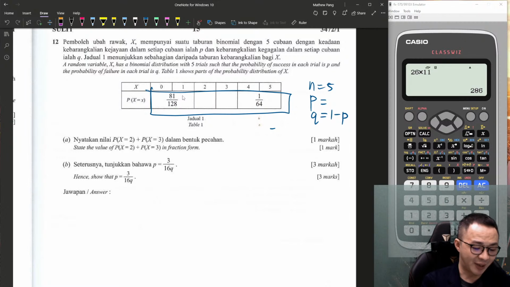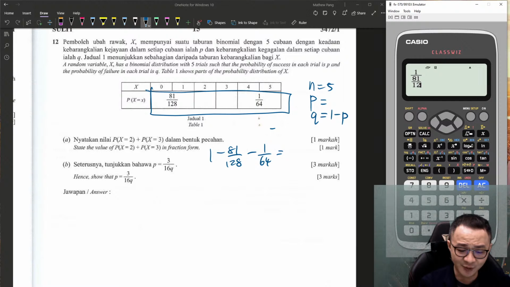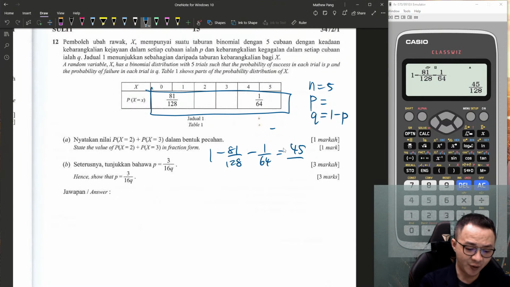By using this logic, we can easily get this 1 mark. If you want to add 2 and 3, I basically use 1 minus 81 over 128 minus 1 over 64. So this is how we easily get this 1 mark. This one just tests whether you understand that the sum of all of them gives 1. If you understand, this 1 mark is a bonus mark for you. So it's 45 over 128.